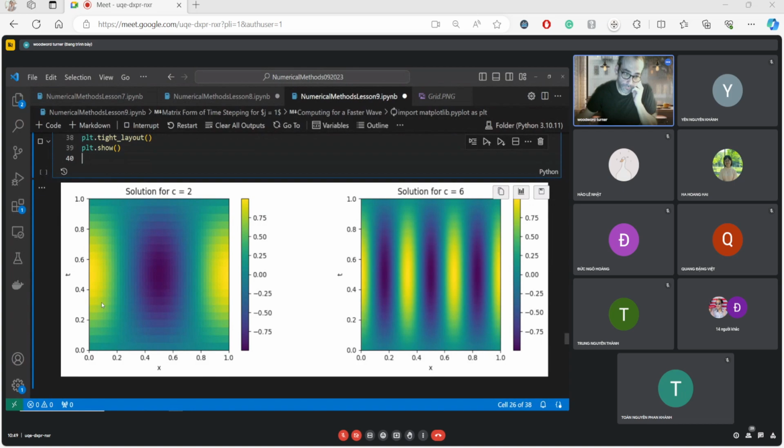Okay, so now I compute the solution for c equals 2. That's just taking these functions I defined, putting 2 in for c, as you saw up here, the wave diff function, same kind of idea. So I've got 2, f, g, left boundary, right boundary. My space interval will be from 0 to 1, and my time interval will be from 0 to 1 as well.